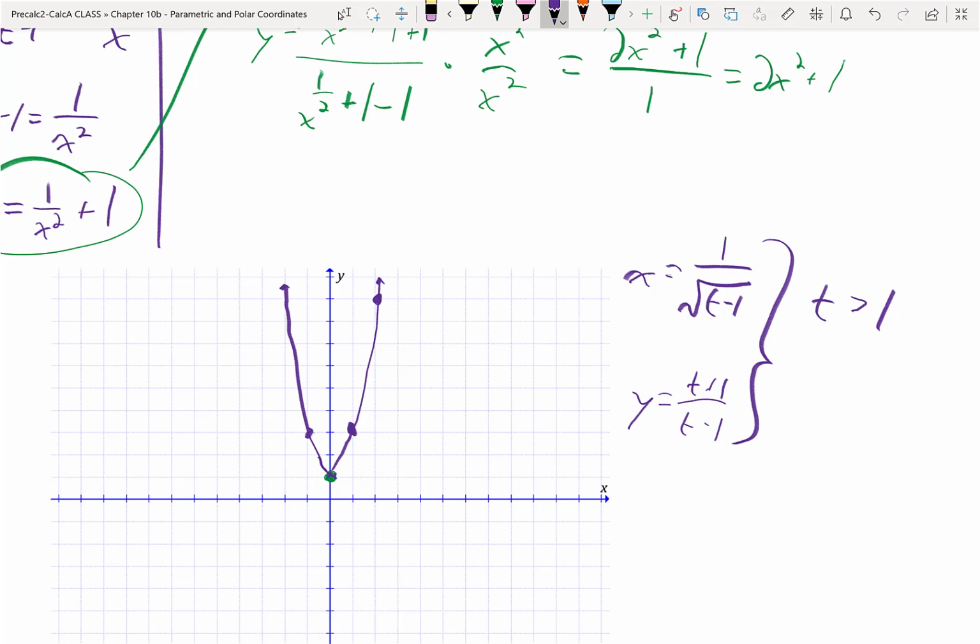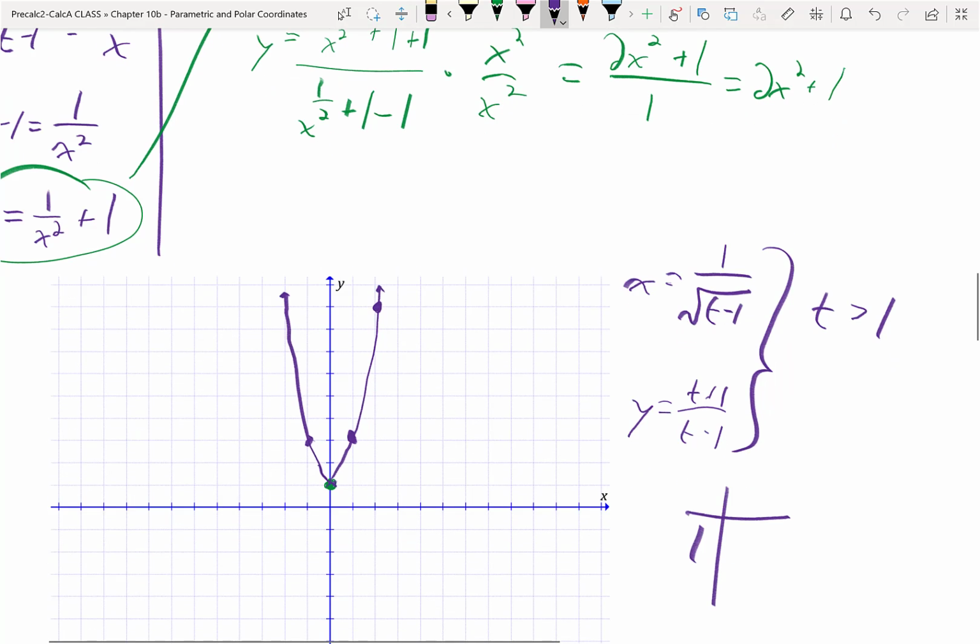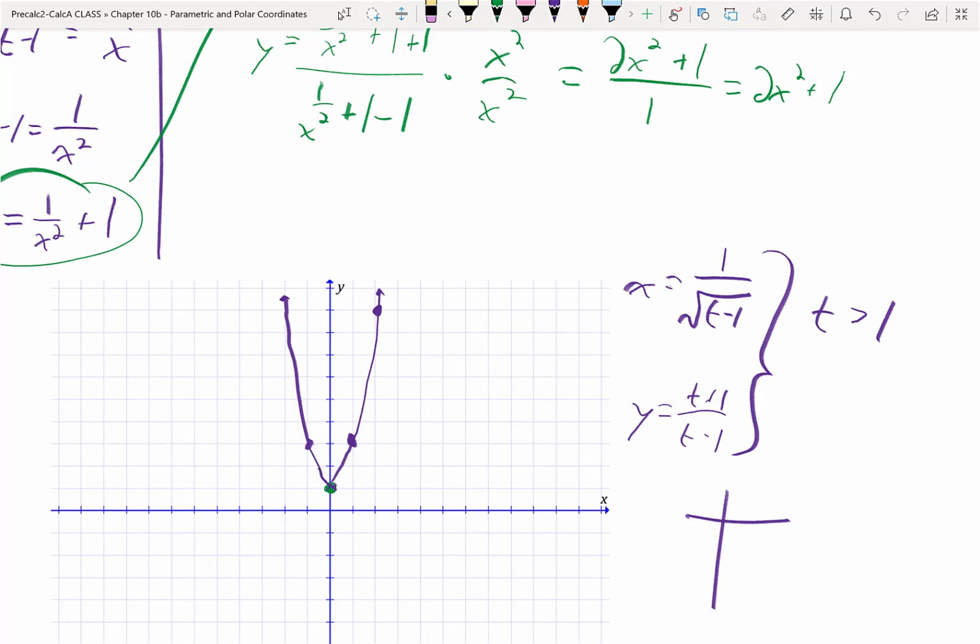So if t is greater than 1, let's just start graphing from 1 and see what's happening. As I plug 1 in, well, I can't plug 1 in, so let's just try 2. Just get an idea of what this looks like and where I'm starting. 2 would give me the ordered pair 1/√1... 2, 3, which is this ordered pair. Which ordered pair am I approaching as x is 1?